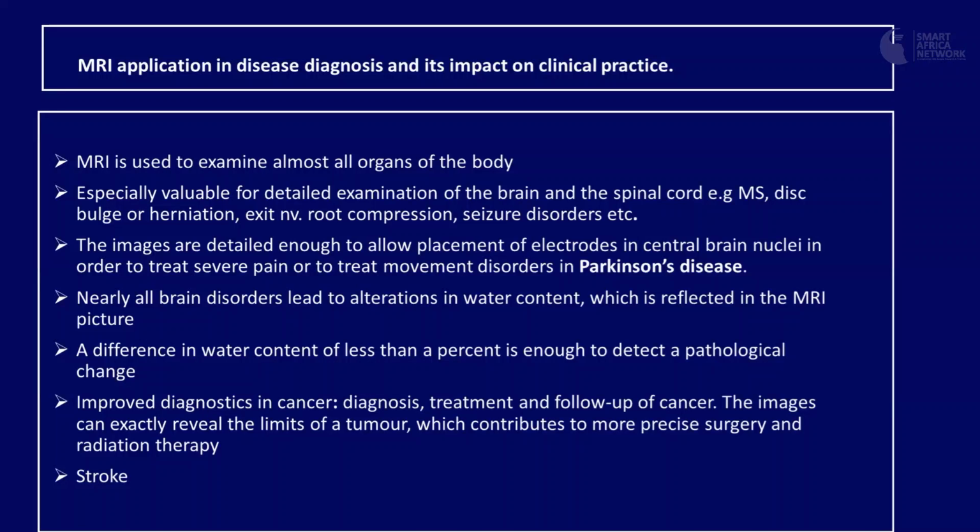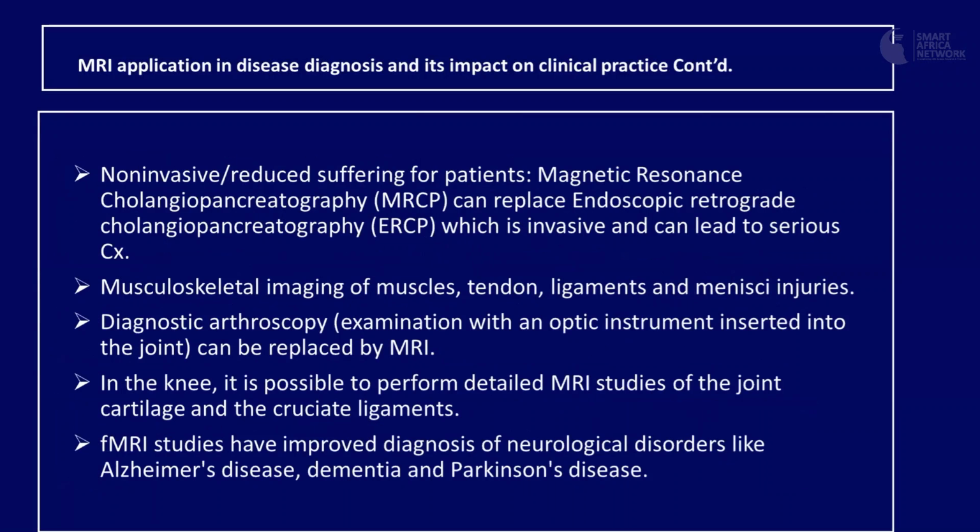It's also good in diagnosis of cancer, tumors, stroke, musculoskeletal imaging, and it's non-invasive. So it reduces the stress that the patient goes through and complications that may come from invasive procedures.